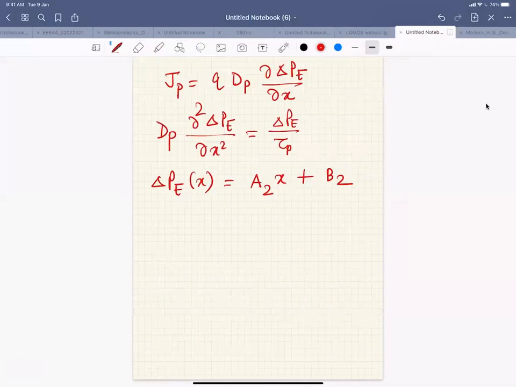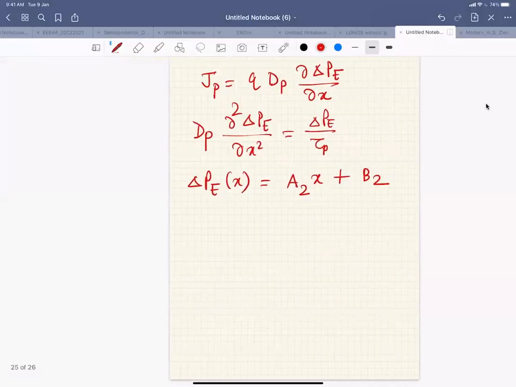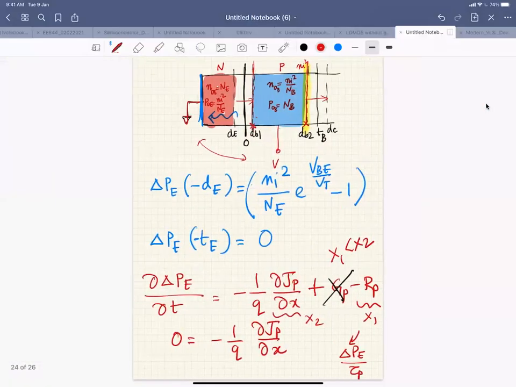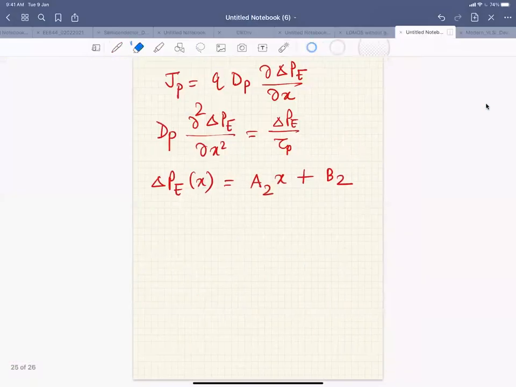So I have made this approximation, assuming that this x1 component is less than x2. I could always put this to 0, assuming that delta p by tau p is very less, right? So my equation becomes a linear equation, which is very easy to solve by hand.